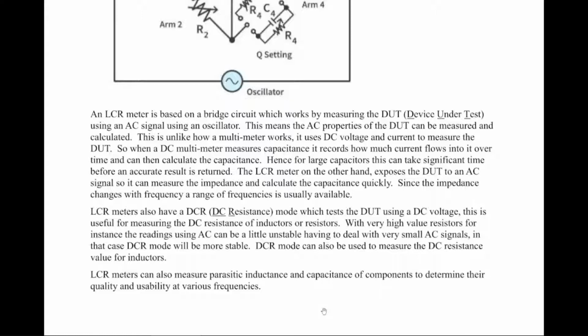This is usually a value in coulombs, and from that you can then calculate the capacitance, and then it displays it, and you will see that in action.